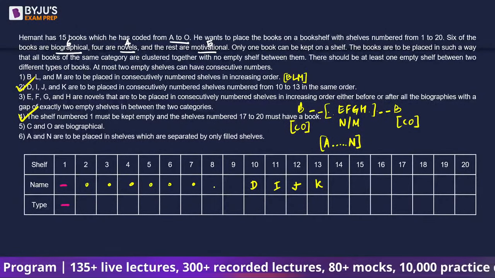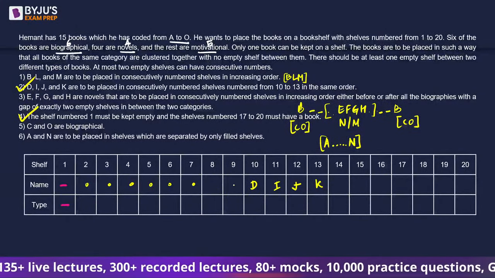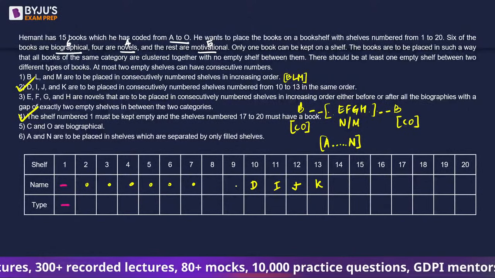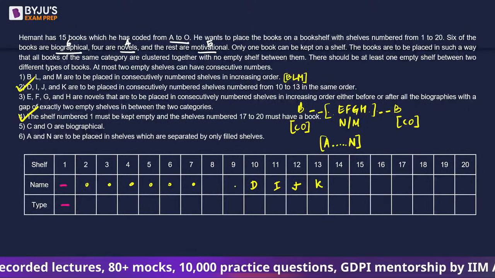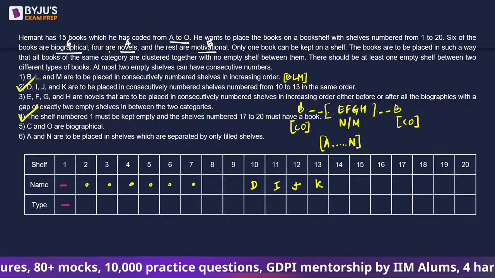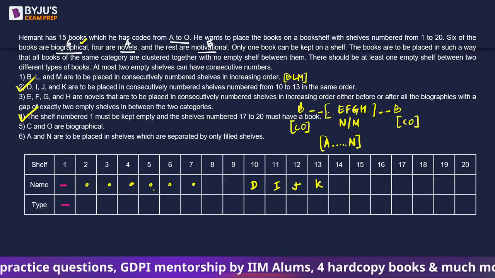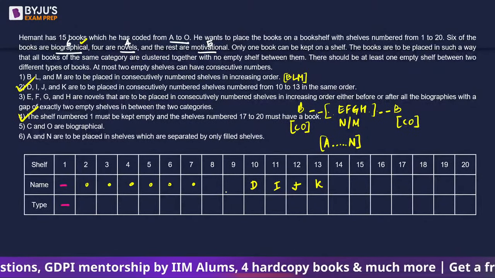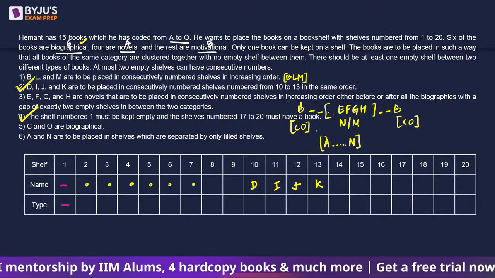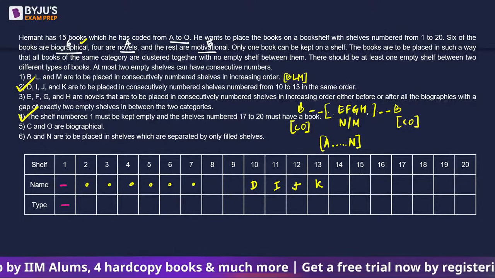Then there is supposed to be a gap of 2. So 6 is done, right? If biographical is 6 at the start, there is going to be a gap of 2 and then we are supposed to have EFGH.